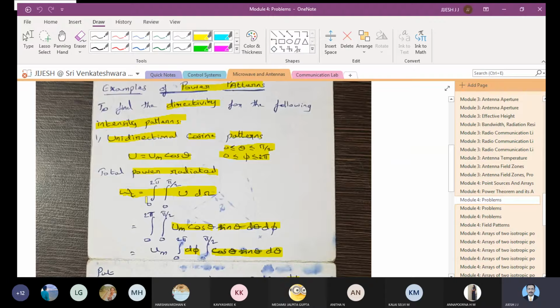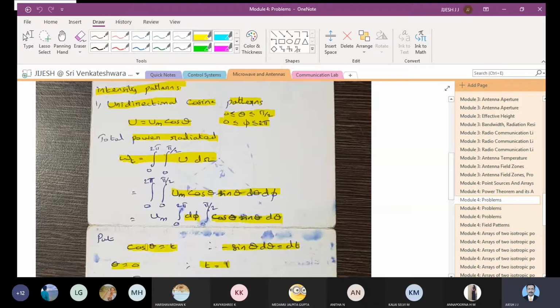So Wt is equal to the integral from 0 to 2 pi, 0 to pi by 2 of u d omega. When you simplify that, cos theta equals t, and you have to do the integration. For that, you take the constant terms outside, then the integral of 0 to 2 pi d phi, and the integral of 0 to pi by 2 of cos theta sin theta d theta.